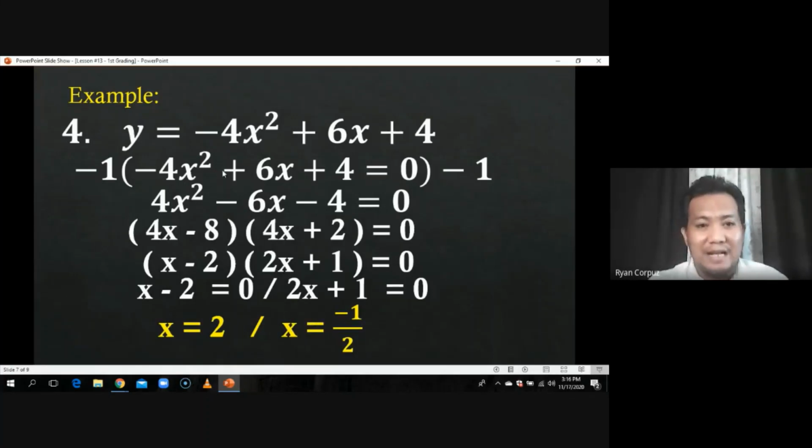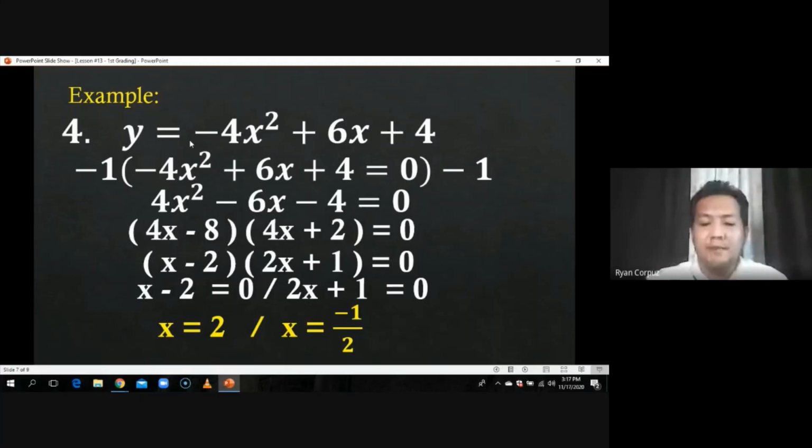So since negative yung A natin, the parabola opens downward. So ganun yung graph niya, downward, na magi-intersect on the points 2 and negative 1 half on the x-axis. So that's how we answer example number 4.